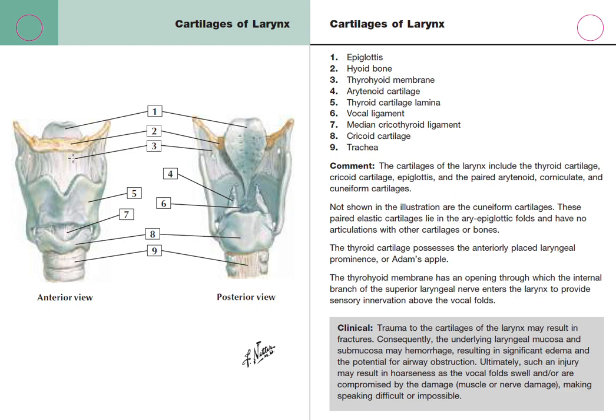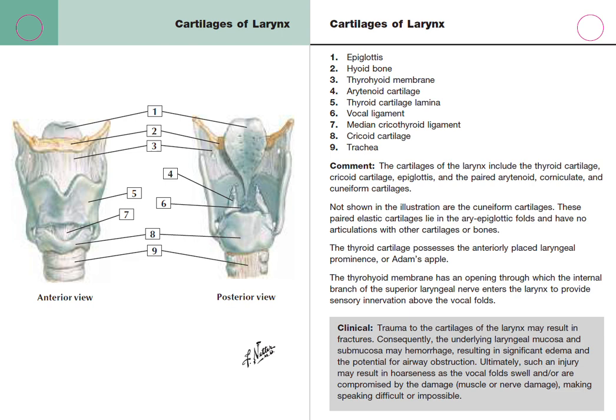The thyrohyoid membrane has an opening through which the internal branch of the superior laryngeal nerve enters the larynx to provide sensory innervation above the vocal folds. Clinical correlation: trauma to the cartilages of the larynx may result in fractures.